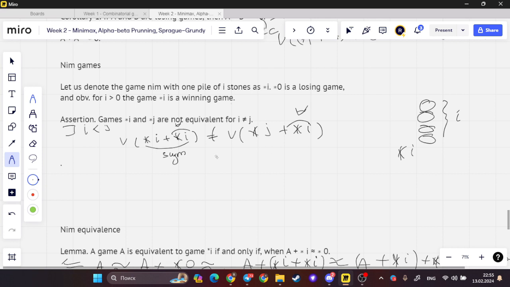And notice that games with different numbers of stones are not equivalent, despite the fact that these games are winnable. We just consider this equality.